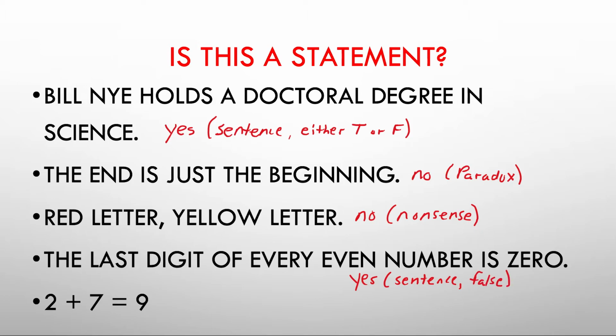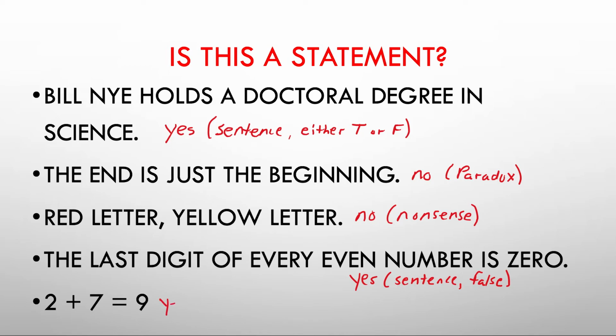This is one thing that students have a hard time with because they think that if it is a statement, it needs to be true. It doesn't. It can be a statement and be false. As long as it's a sentence and it has a definite false value, then it is considered to be a statement. The next one, 2 plus 7 is equal to 9. That is also a statement.